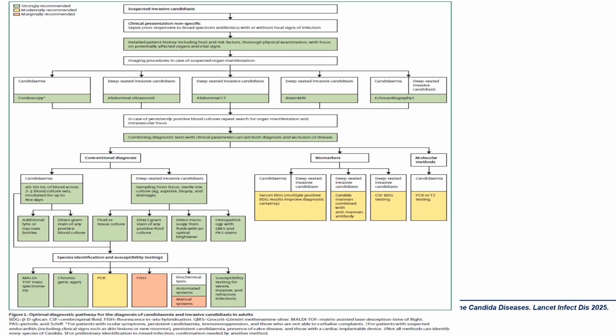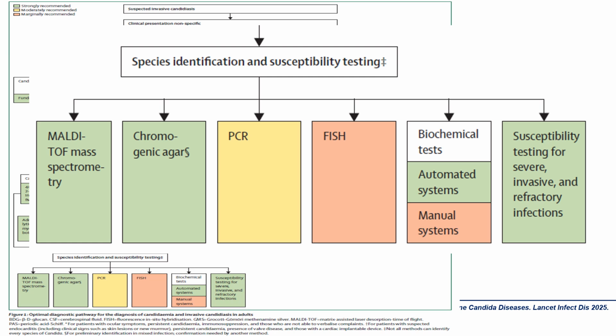If you see this panel, you will see different colors: green, yellow and pink. Green suggests strong recommendation, yellow shows moderate recommendation, and orange or pink shows marginal recommendation. And this is how the species identification flow chart goes.